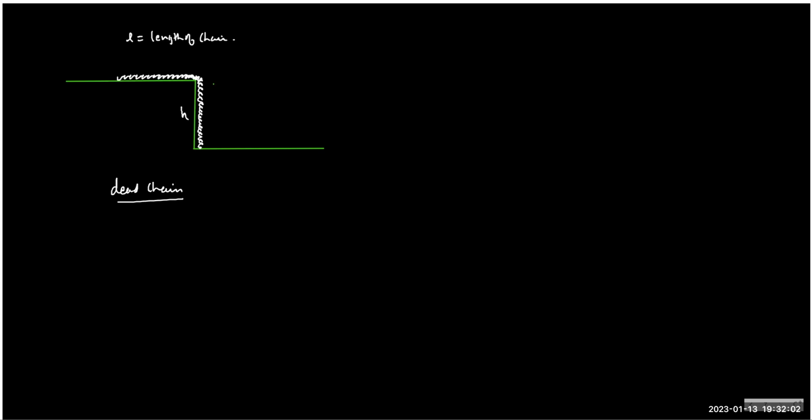So after some time t, the chain which will fall on the lower surface will become dead. Let me show you the dead chain by this red color.